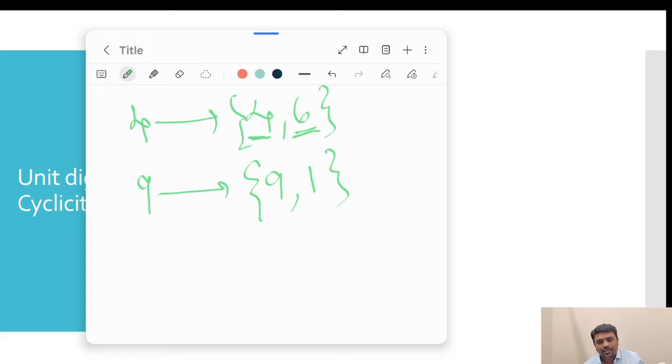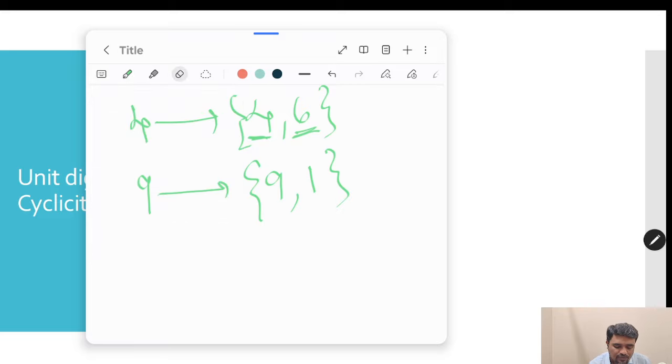For 8: 8, 4, 2, 6. For 9: 9 and 1. Okay. These are the cyclicity of the unit places of the given numbers.